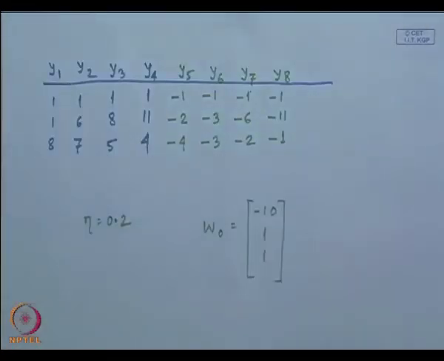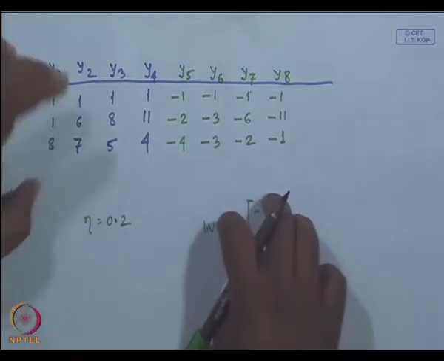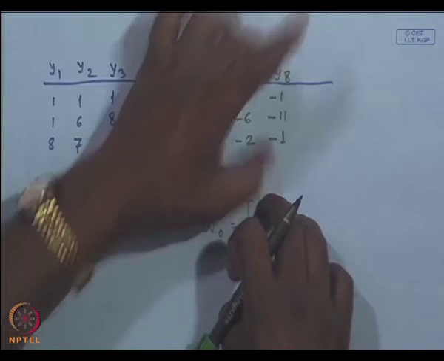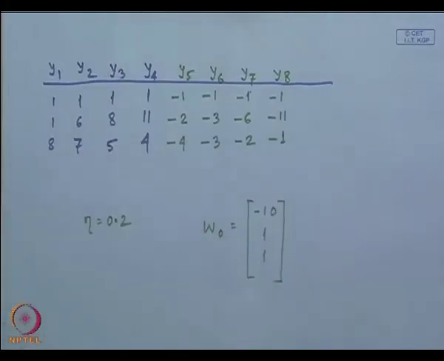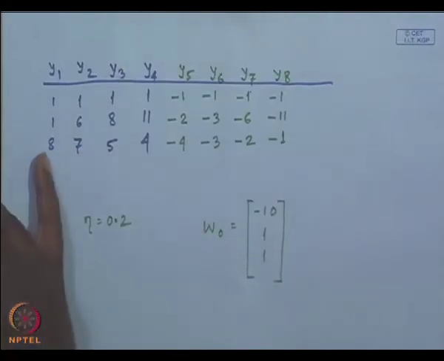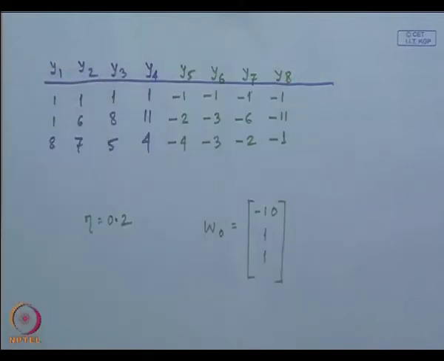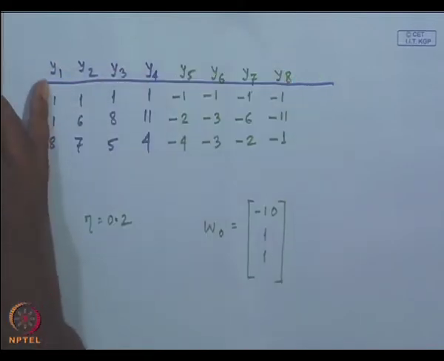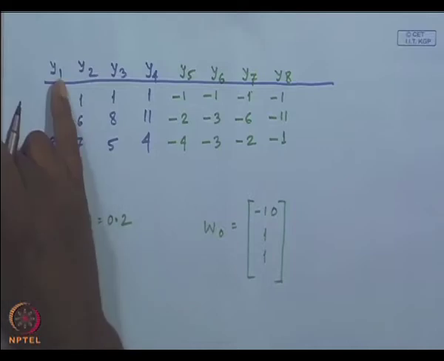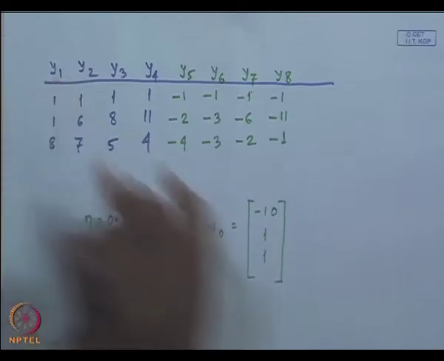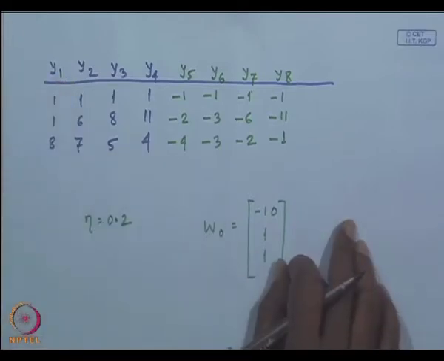So, how does the algorithm have to work? I have to take w transpose y for each of these y's. For that sample y, if w transpose y is positive, that sample is correctly classified by this weight vector.